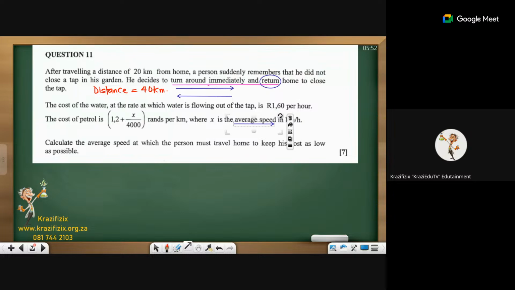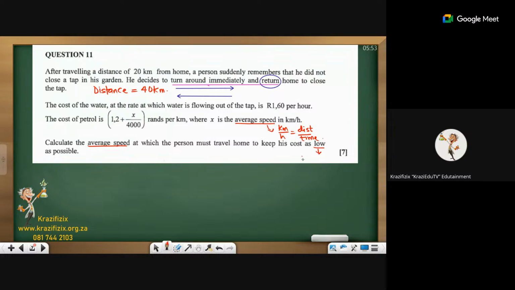Do you see that? Now we're talking about the things we spoke about. Average speed, which is what? Speed. They said kilometer over hour, and that is distance over time. That's a derivative there. Calculate the average speed at which the person must travel to keep his costs as low as possible.